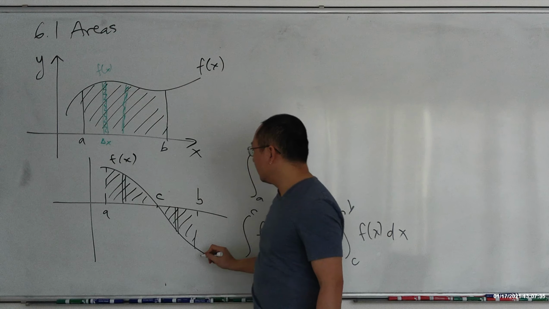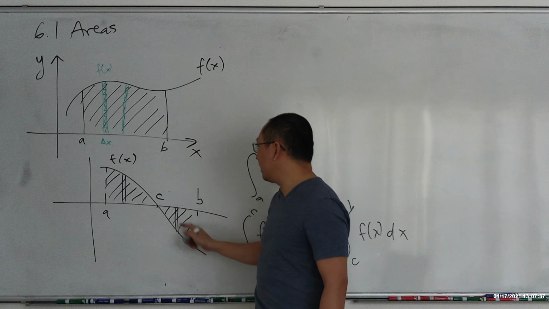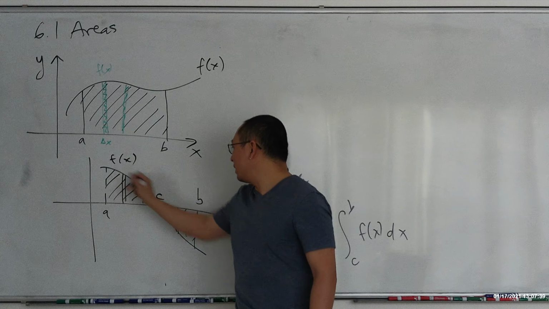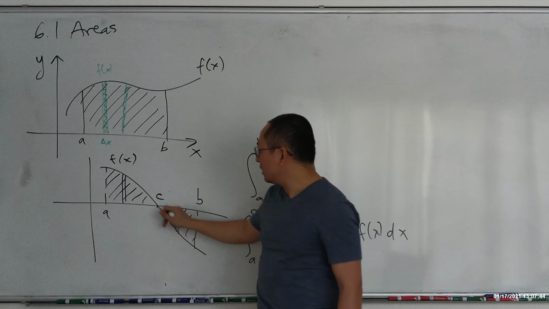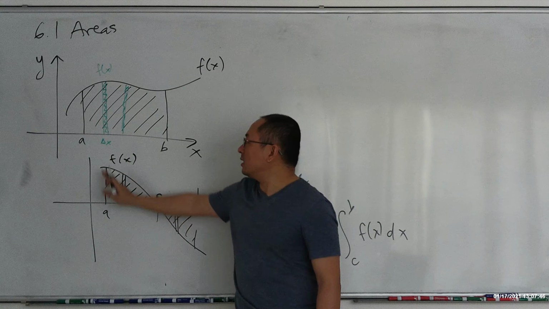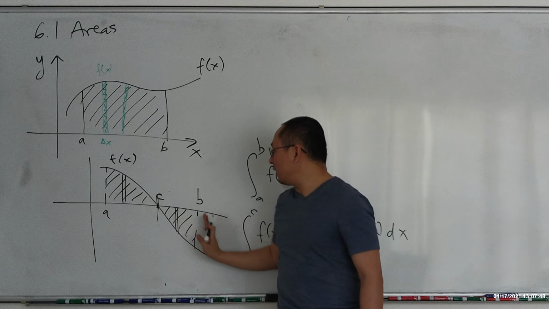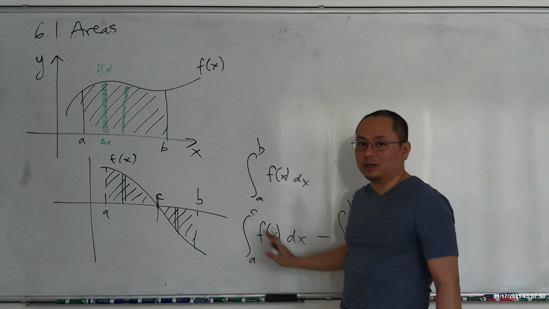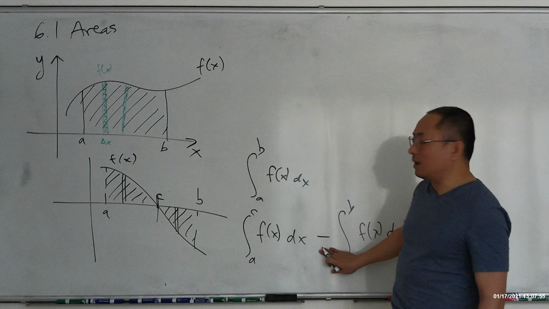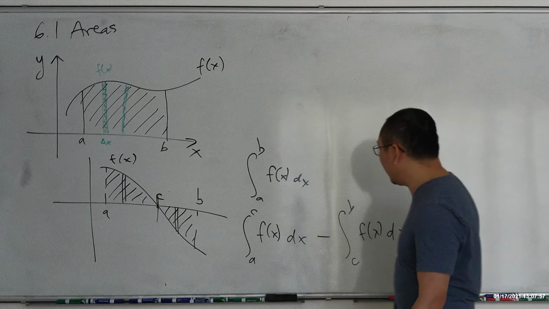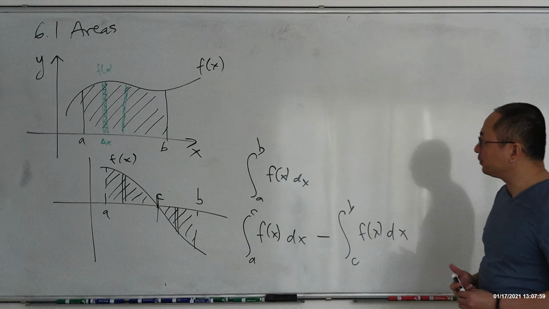They give you the function f of x right here and ask you to find the area enclosed by the curve, the x-axis, and the 2 vertical lines, x equal to a and x equal to b. Anything above the x-axis, you do as normal. Anything below the x-axis, you put a negative sign in front. Because f of x dx is a negative number, putting a negative sign in front gives you a positive area. Now it's really a physical area.